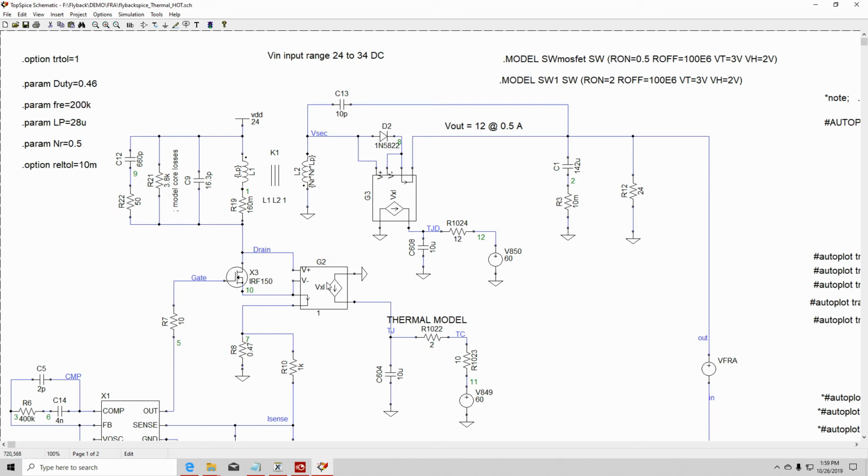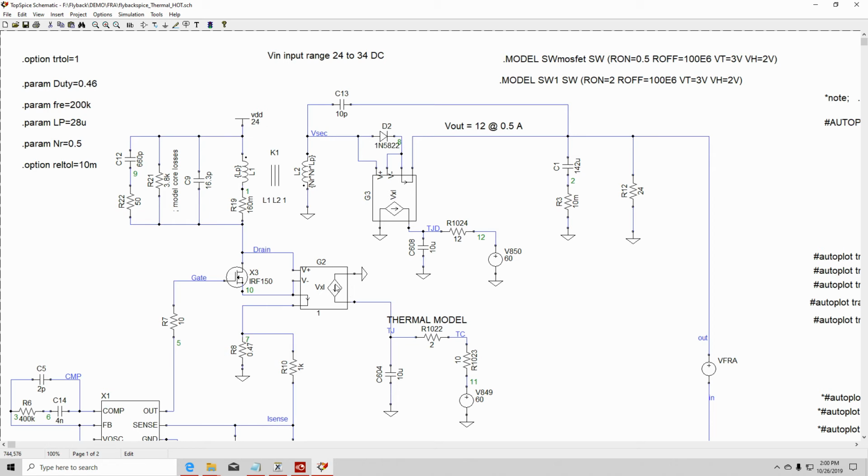By adding this device, this is a voltage source that is dependent on the current measurement and the voltage measurement across the MOSFET. It measures the voltage across the MOSFET and the current, V and I, and multiplies them. Basically your voltage times your current will give you a power. But in this case, instead of a power, it converts it into a current source.